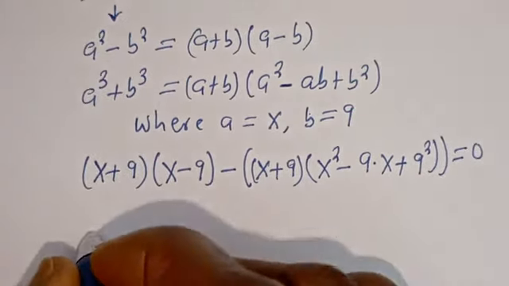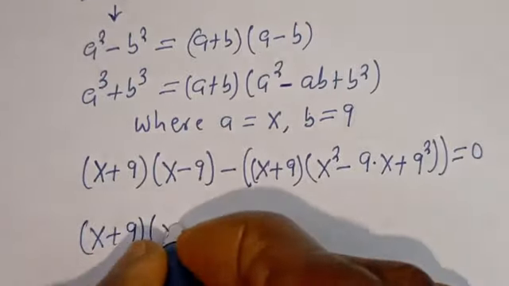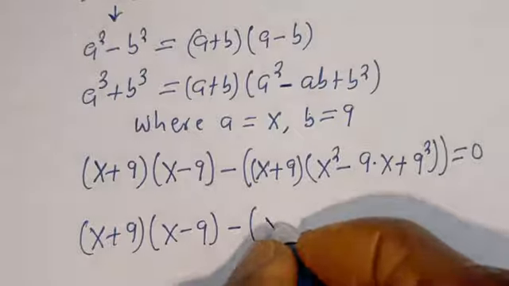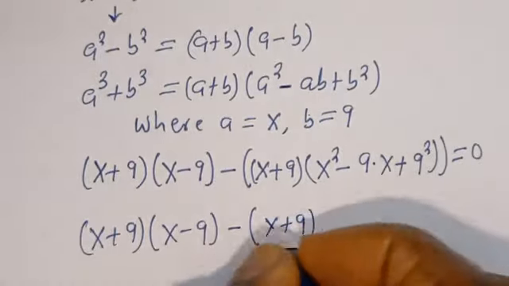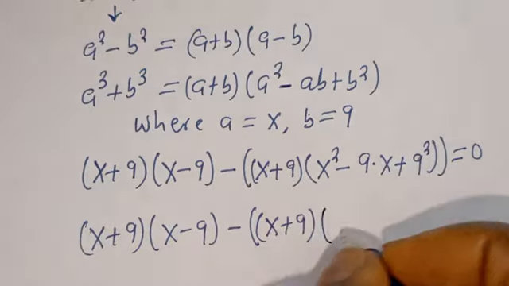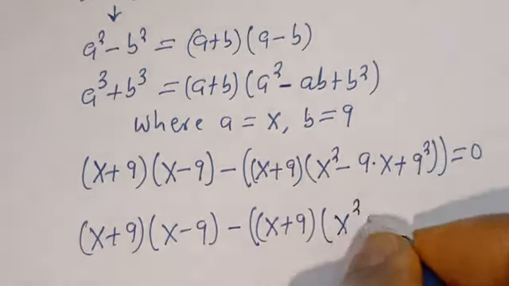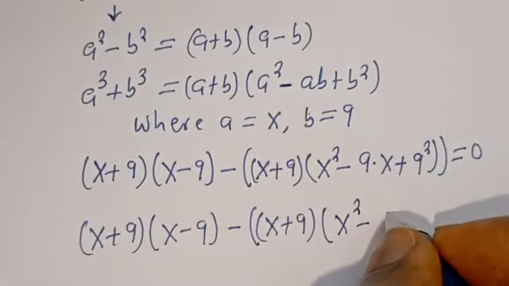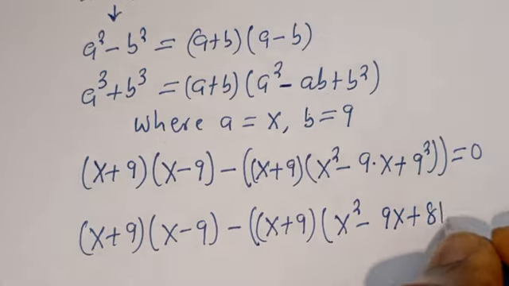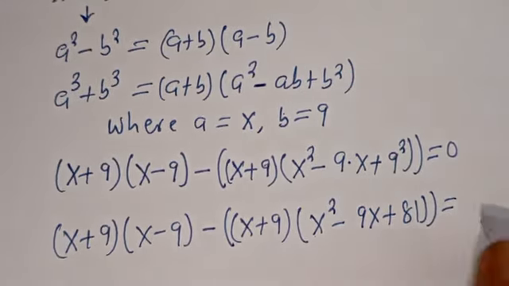Now this is s plus 9 bracket s minus 9 minus s plus 9 bracket, here we have s squared minus 9 times s, that is 9s, plus 9 squared, that is 81, is equal to 0.